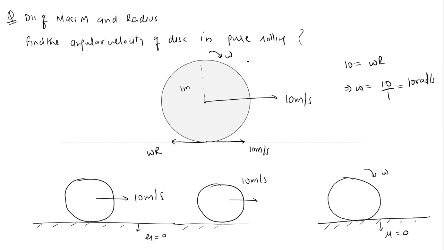If there is no friction on the surface and you just rotate the body, will the body roll? No, it won't roll. It won't move in translatory motion. It will keep on rotating with omega on the same position only.